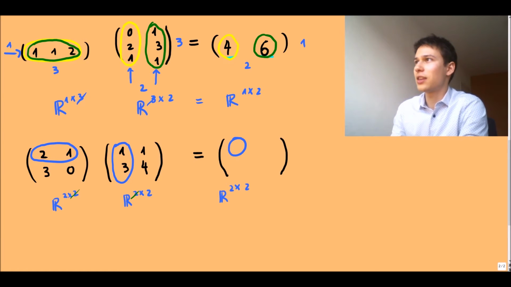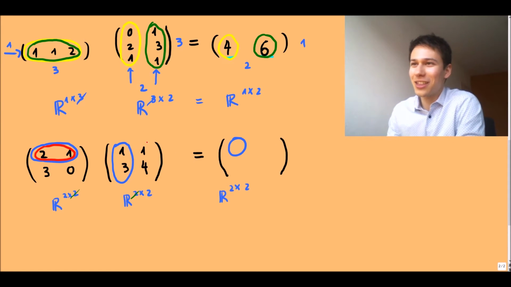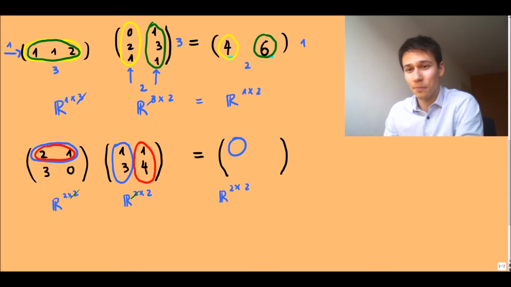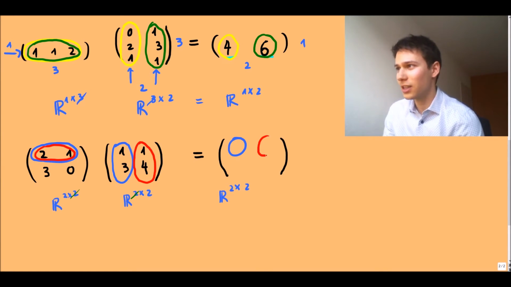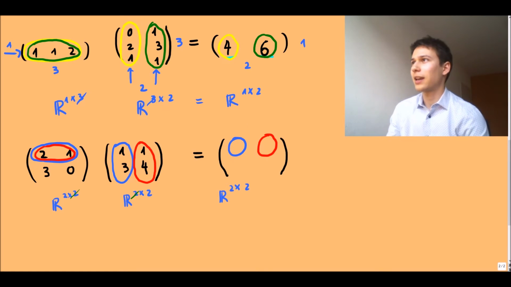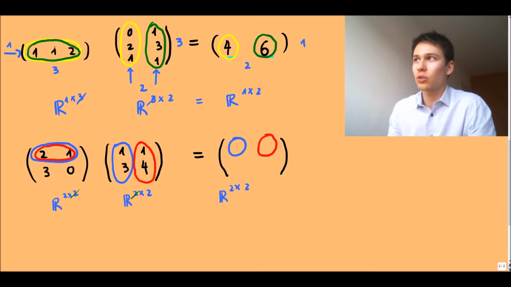Then the first row gives us again an entry in the first row, together with the second column of the second matrix gives us this entry. And then we have now, in comparison to up here, another row at the resulting matrix.